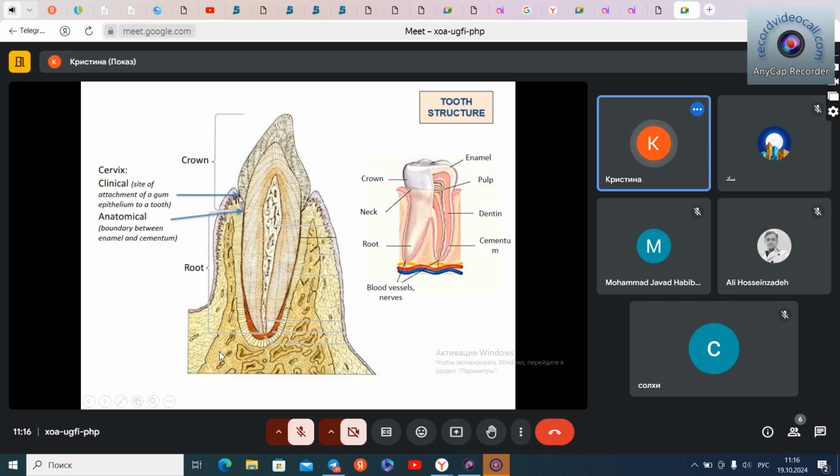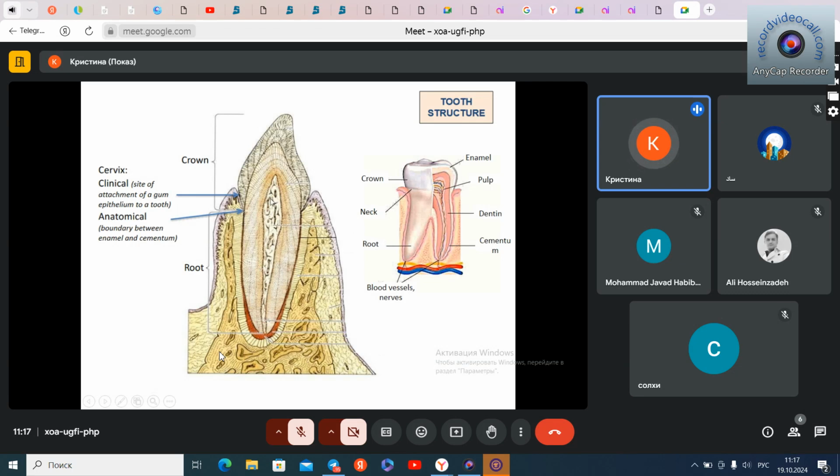The neck can be the clinical, it's the site of attachment of the gum epithelium to the enamel of the crown, and the anatomical, it's the border between the enamel of the crown and the cementum of the root. So where the enamel meets cementum, there will be the anatomical neck. It is not seen by the doctor, and the doctor sees this, the clinical cervix.